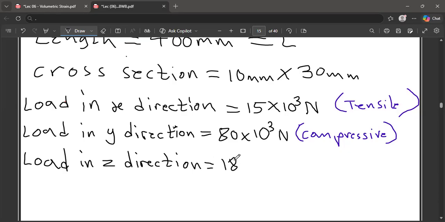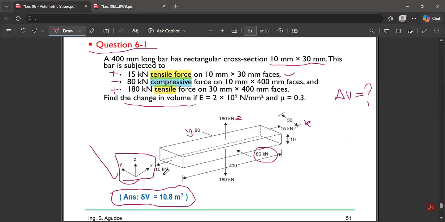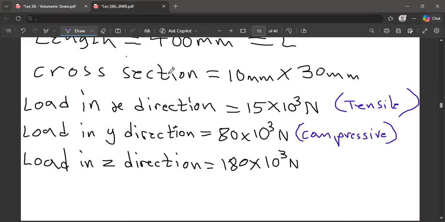That is the last one, I'm sure we all know. That is 180 times 10 exponent 3 Newton. So this kind of load is also in what? Tension. As we can all see from the question over here, the 180 kilonewton is also moving away from the bar, and that is the Z.